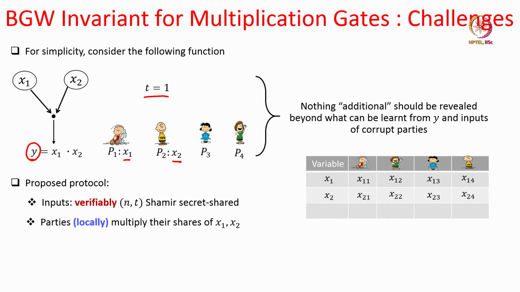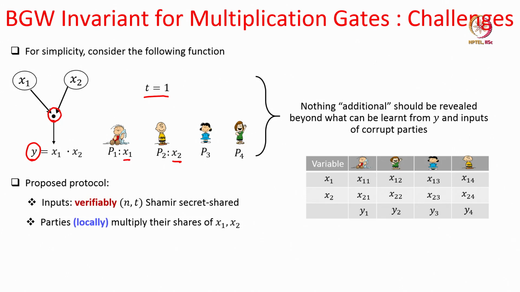Now, let us suppose that the parties try to evaluate this multiplication gate by simply multiplying their shares of x1 and x2. That is what the parties would have done if this were an addition gate. So, we are proposing the same step even for a multiplication gate.